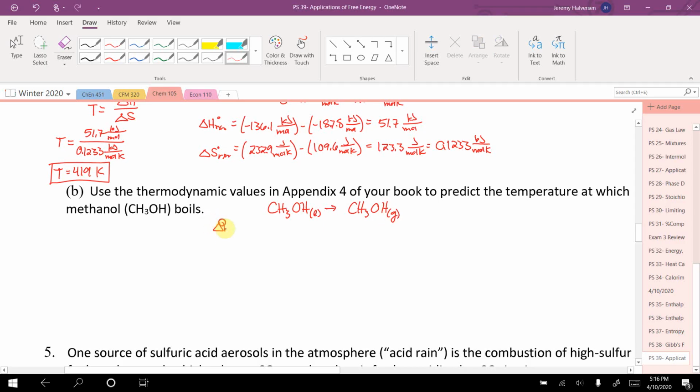So if I look up the delta H of formation and the S values for each of those, this is negative 201.2 kilojoules per mole, and this is negative 238.6 kilojoules per mole. There we have 237.6 joules per mole K, and here we have 126.8.